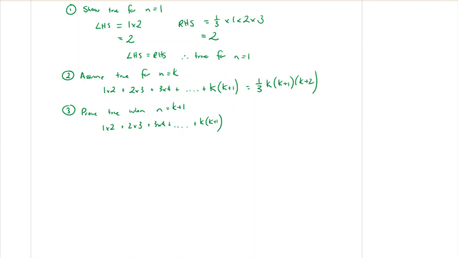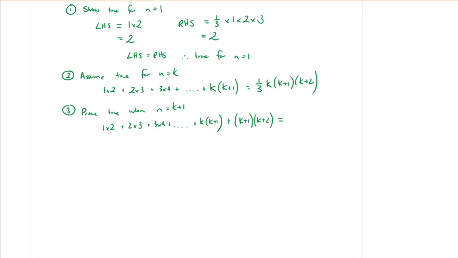That's our n equals k expression. But because we want k plus 1, it means we want one extra term where we're replacing the k with k plus 1, so the k becomes k plus 1, and the k plus 1 becomes k plus 2. Perfect.